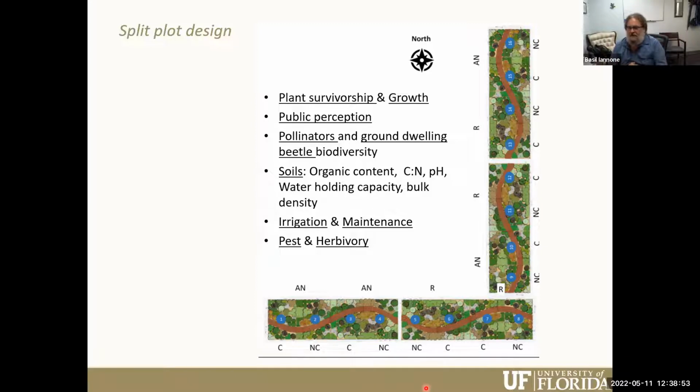We're going to document the irrigation amounts and the maintenance amounts. And we're also going to document pests and herbivory as indicators of stress, and herbivory also as an indicator of ecological benefits again.